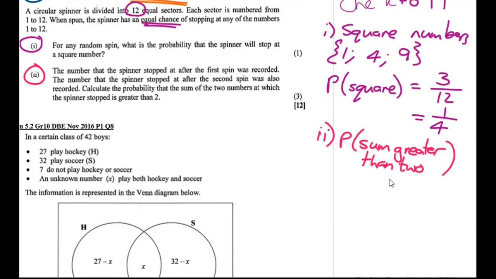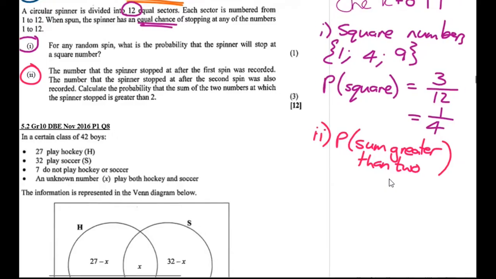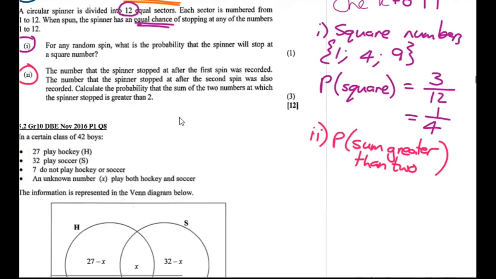Can I use a complement? Okay, so guys, just to remind all of you, the complement is when we go 1 minus. So we're going to calculate the opposite because it might be easier. We'd actually be working out 1 minus the probability that the sum is equal to 2, because that's going to be a lot easier to work out.